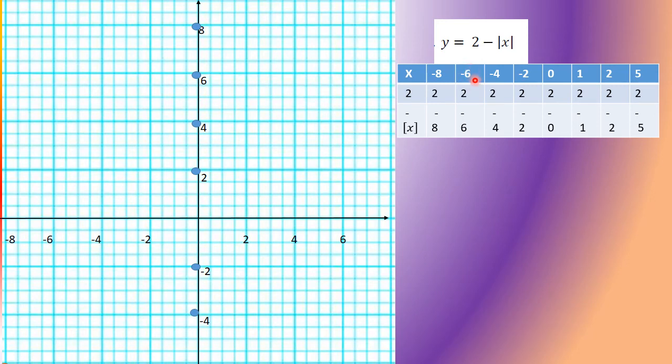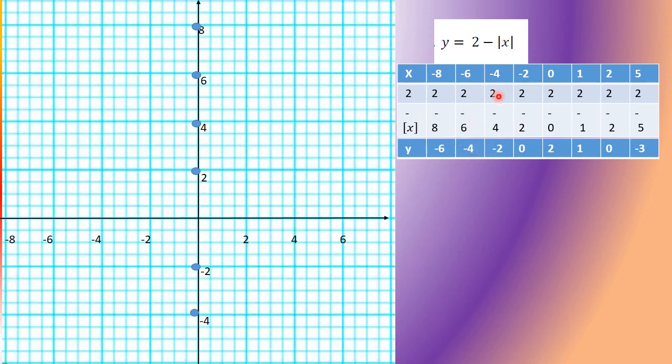Modulus of minus 6 is plus 6. So from 2 I subtracted 6, where I got the y coordinates as, when I subtracted modulus 8 from 2, it's minus 6. I subtracted modulus 6 from 2, then it's 2 minus 6, it's minus 4.